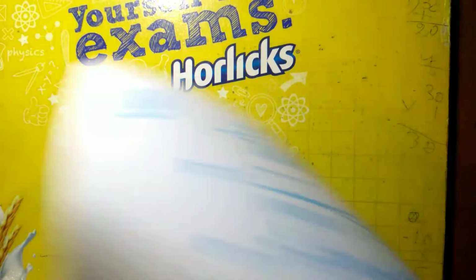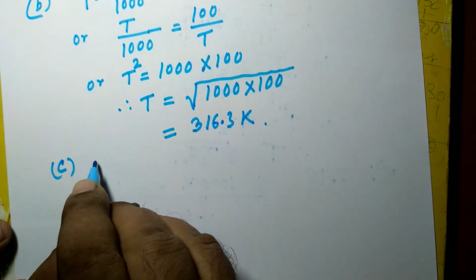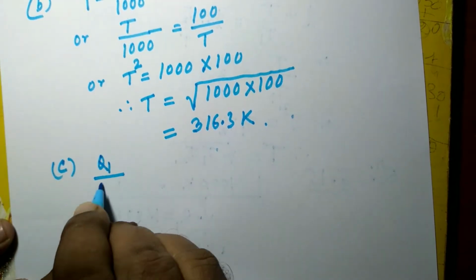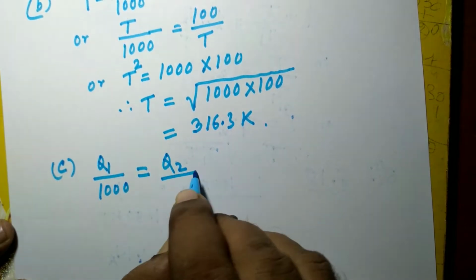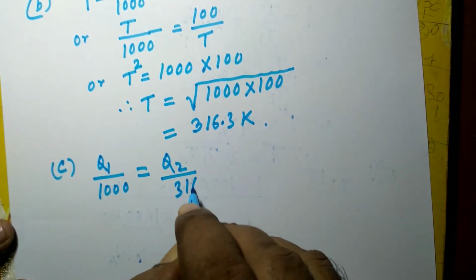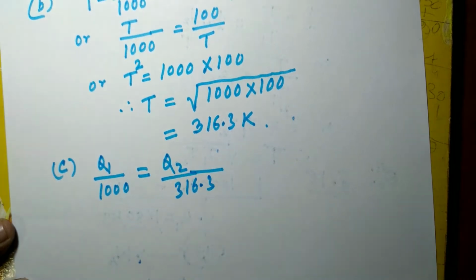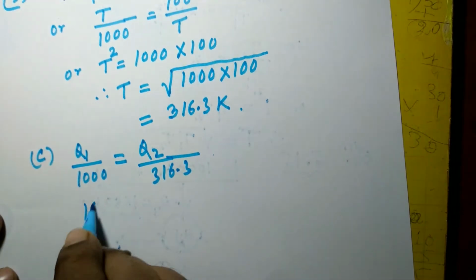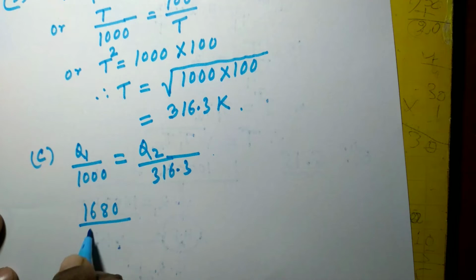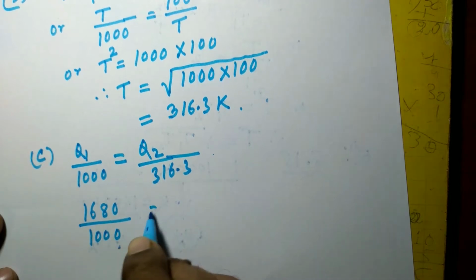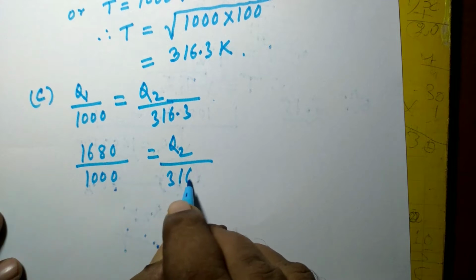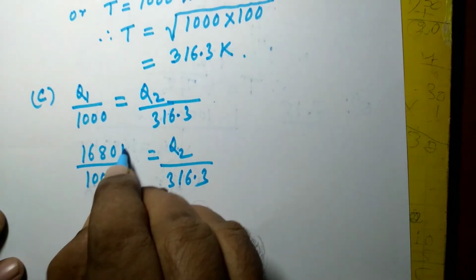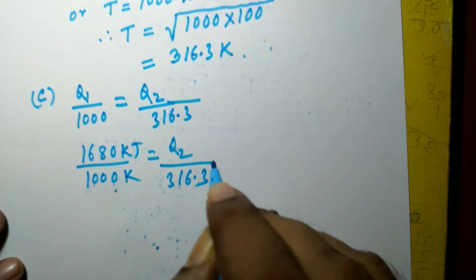We know that Q1 by 1000 is equal to Q2 by this intermediate temperature, 316.3. Q1 is 1680 divided by 1000 is equal to Q2 divided by 316.3. This is in kilojoule, this is in Kelvin.